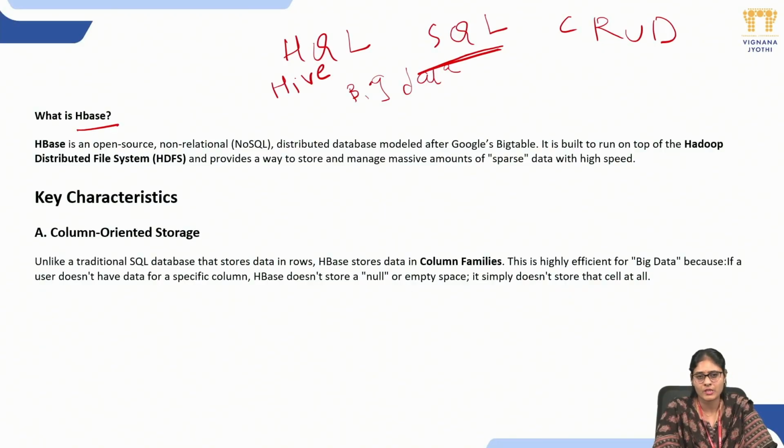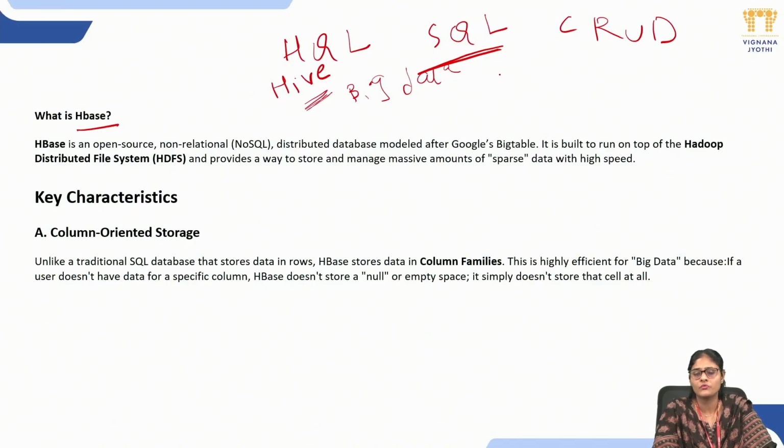All these 4 operations are performed in SQL, and the same operations are also performed in HQL. The main difference is that Hive is designed only for big data, to process data very fast, whereas SQL is designed for every kind of data. The logic behind Hive query language and structured query language is the same.